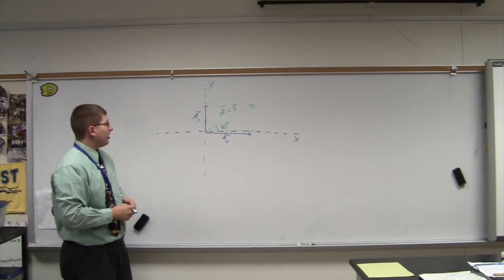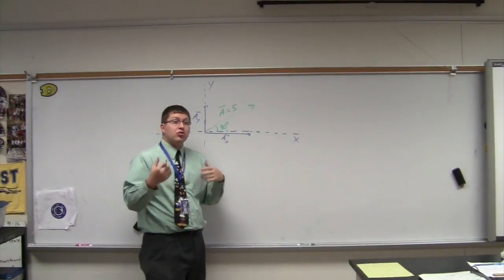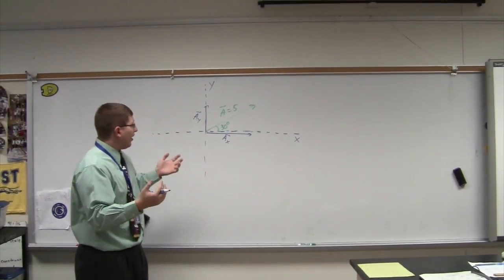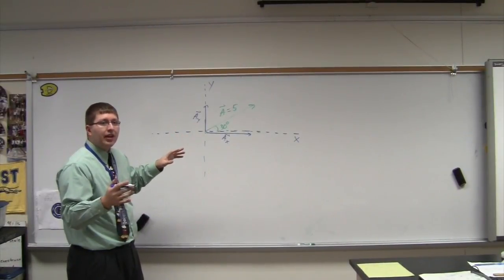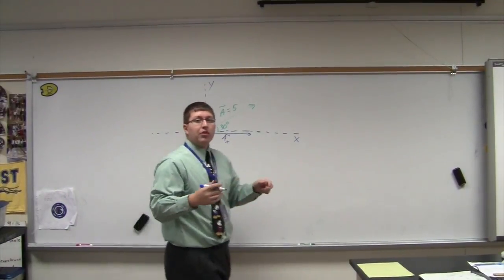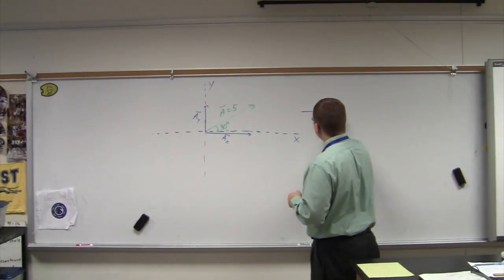Now, in and of itself, I look at that and I say, I'm not really sure what to do with those. But if I think back to the start of when I explained vectors, I realize that I'm allowed to slide these vectors around and rearrange them any way I'd like. So what I'm going to do is rearrange the vectors so they look like this. This is my AX.